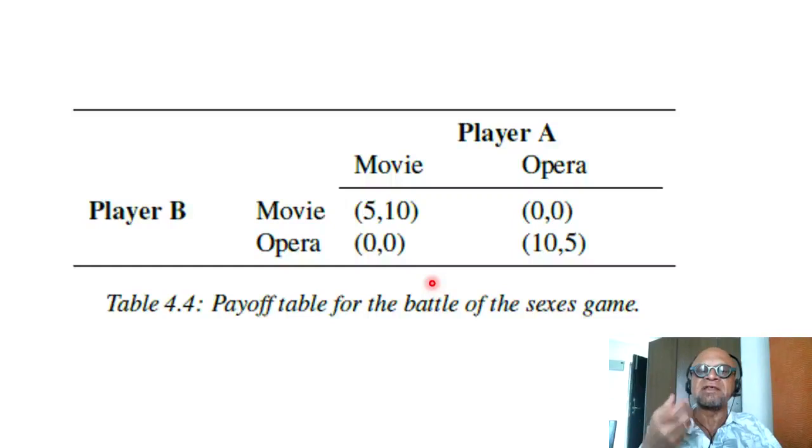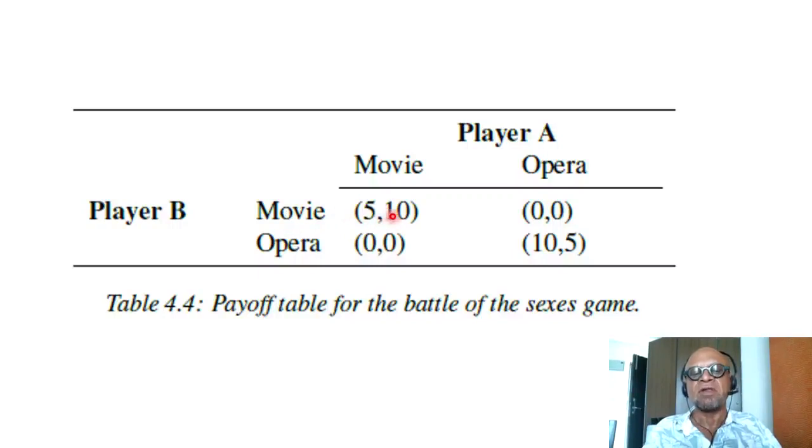So this is a slightly different situation where you have player B having an option of movie or opera and player A having the option of movie or opera. Now you look at the payoff table. If both go to the movie, but player B, let's say, wanted to go to the opera and not the movie, but compromised, then the payoff is less. It's 5 versus 10.